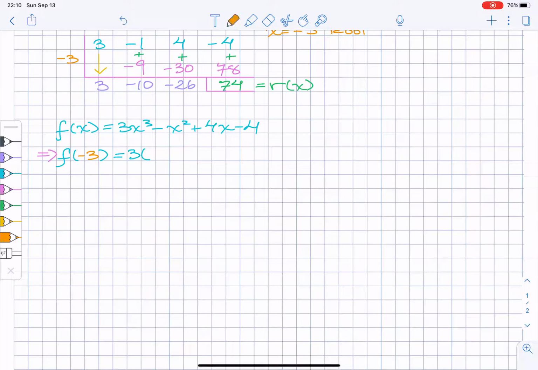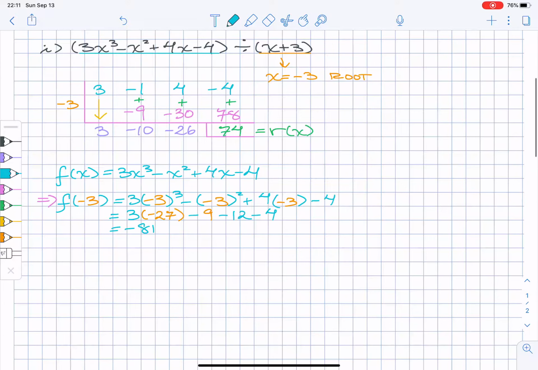So 3 times the quantity negative 3 cubed, minus the quantity negative 3 squared, plus 4 times the quantity negative 3, minus 4. So what does this give us? 3 times negative 27. And then minus, a negative squared is a positive, so this is minus a positive 9. 4 times negative 3 is negative 12, minus 4. So 3 times 27, so this is negative 81.